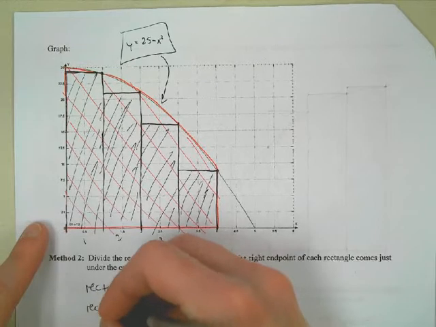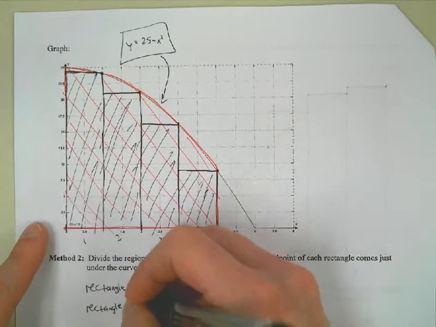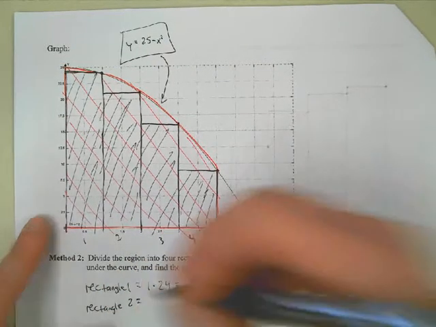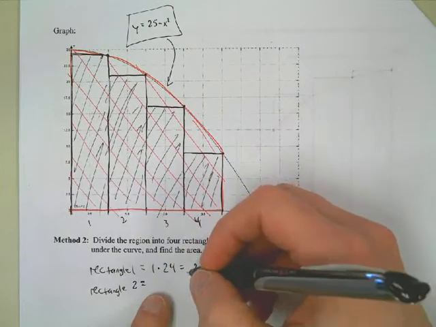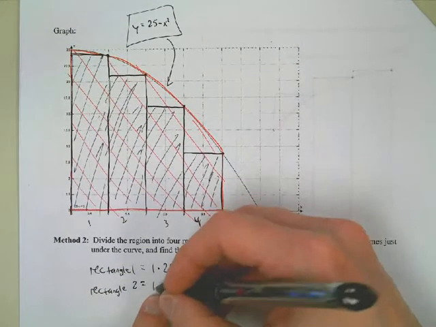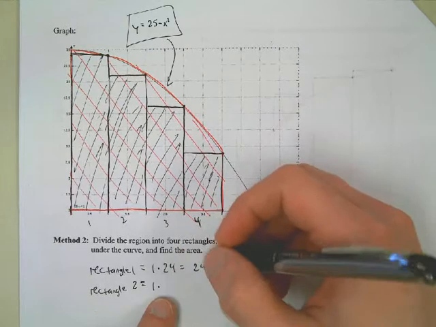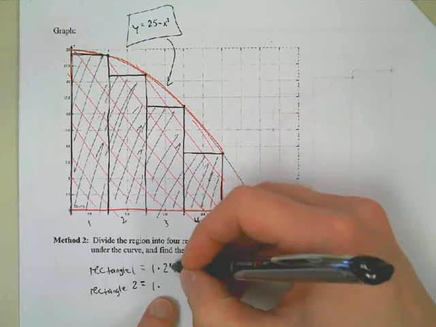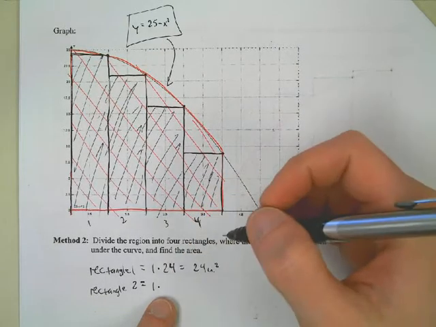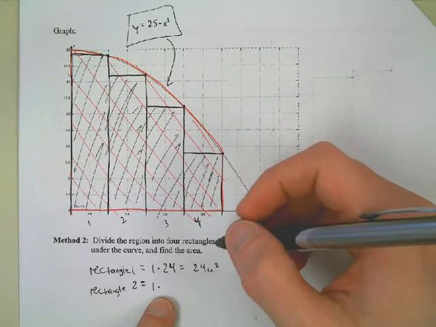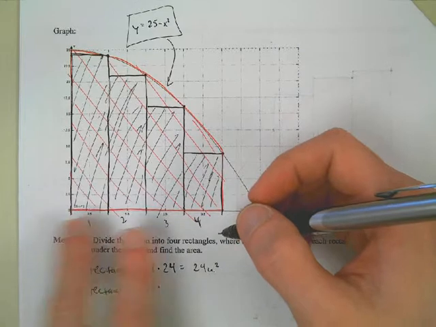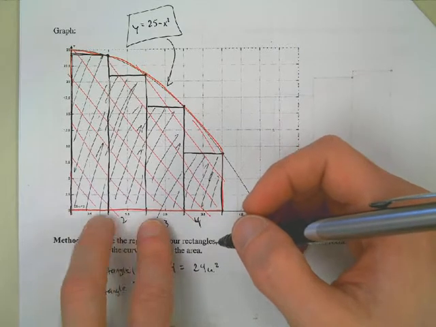Rectangle 2. So what's rectangle 2 going to be then, Nate? What will its dimensions be? A width of 1, and its height will be... all right, let me help you get started here. This rectangle 2 has endpoints at 1 and at 2.